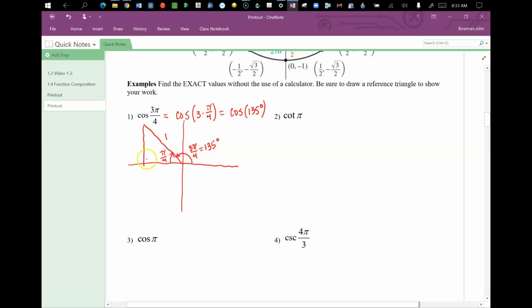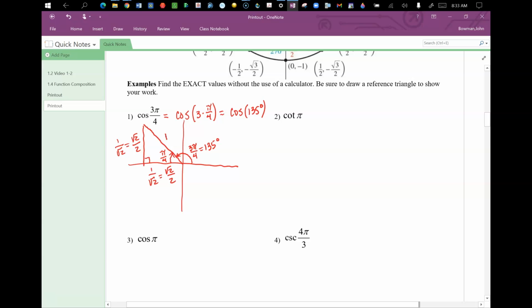So that means the legs are going to be 1 over root 2, or root 2 over 2, 1 over root 2, root 2 over 2. And the cosine is x over r. So x, 1 over root 2 over 1.